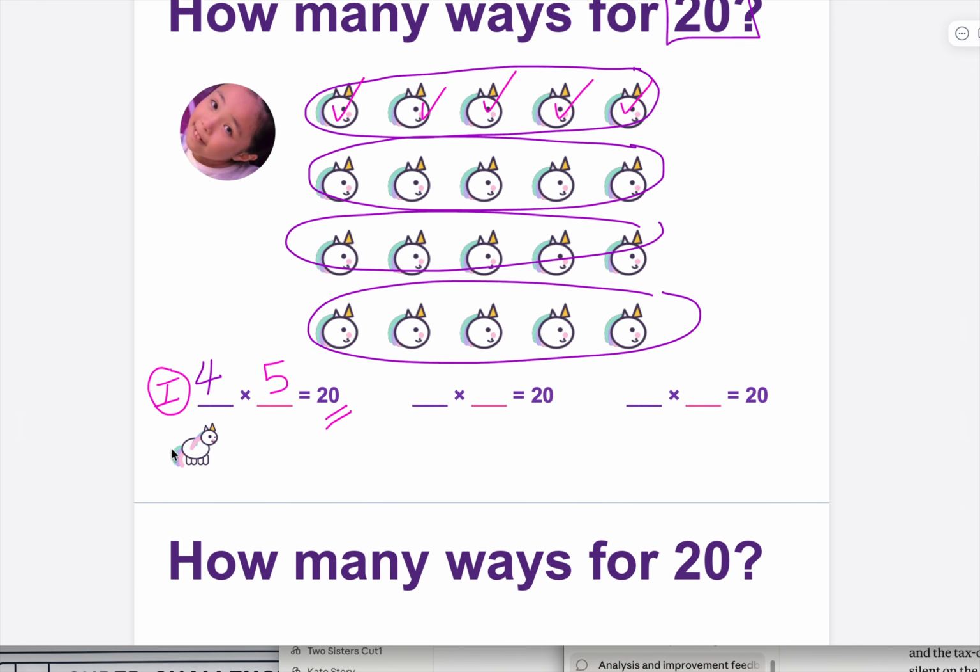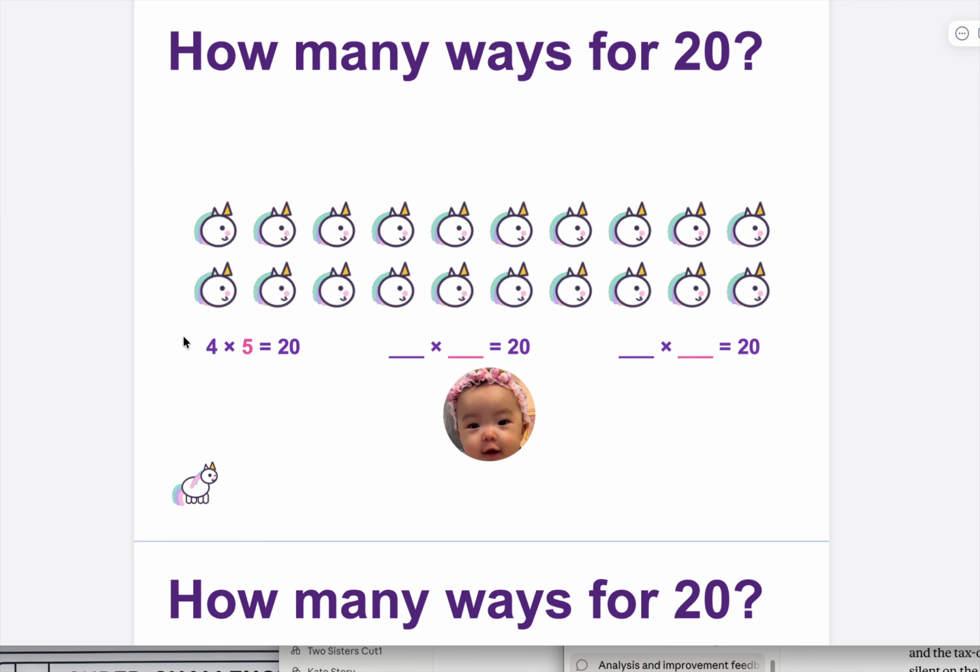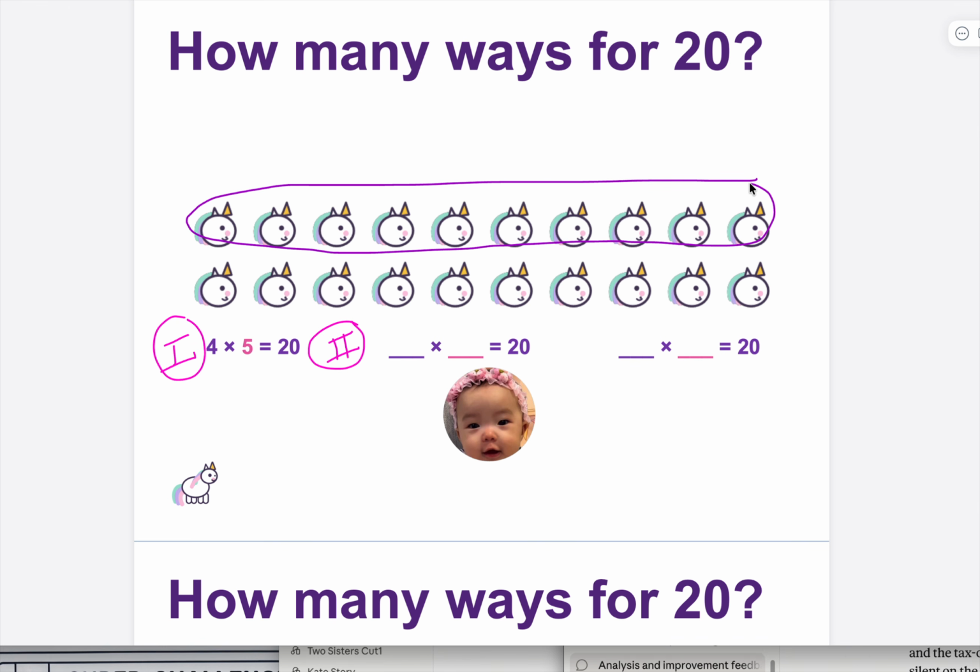Let Daddy show you a second way. So Daddy's going to put this as the first way right over here. Here's the second way. How many groups do we have here? Well, in this case, Kate, Daddy has one group and Daddy has two groups. So that's two groups of unicorns.